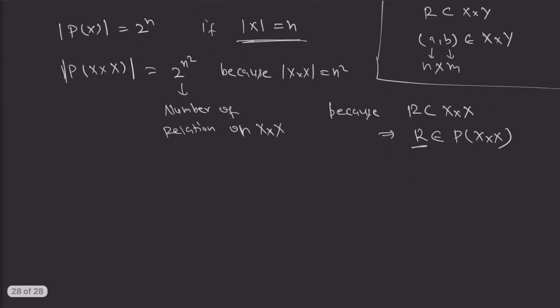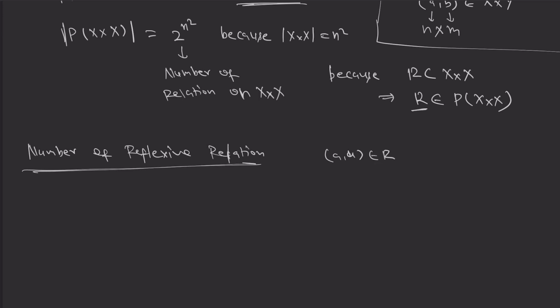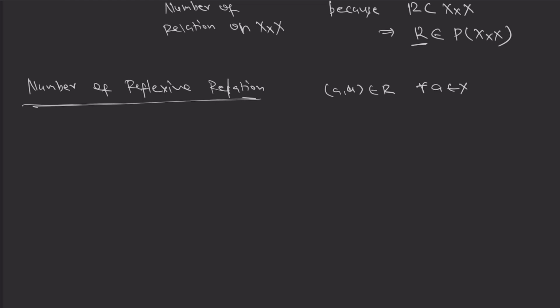Number of reflexive relations. This is a little tricky. First of all, we have to know what a reflexive relation is, and I told you that a reflexive relation is one where a comma a should be in the relation for all a belonging to X. Now look, a comma a is already there for a reflexive relation.